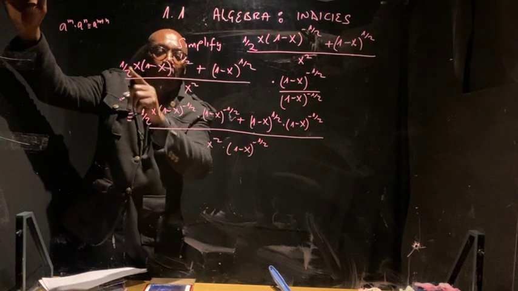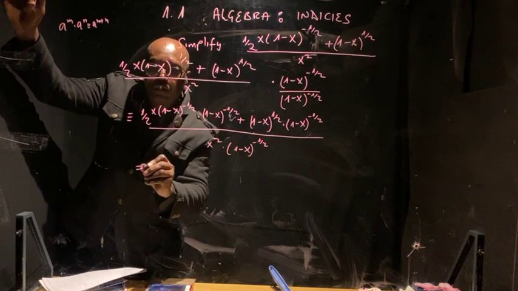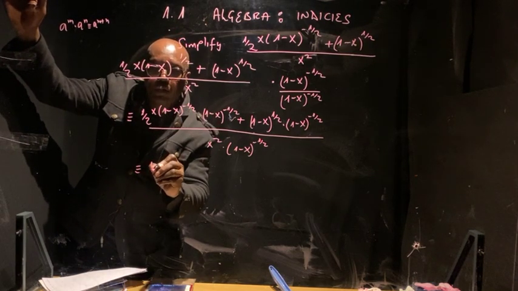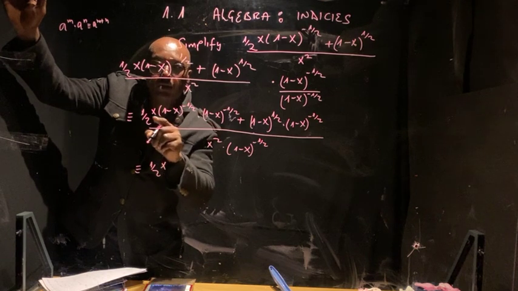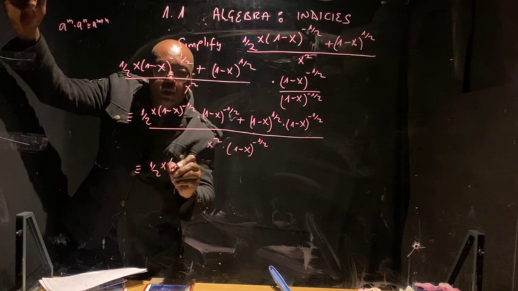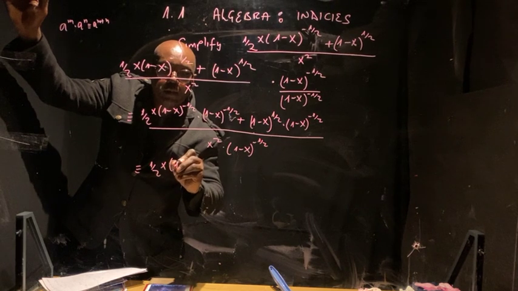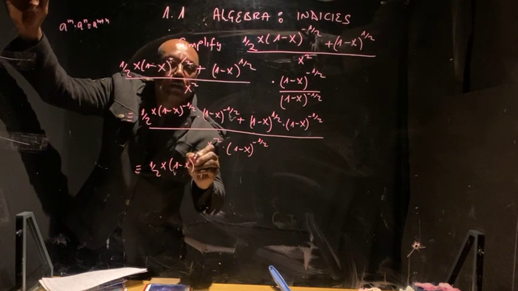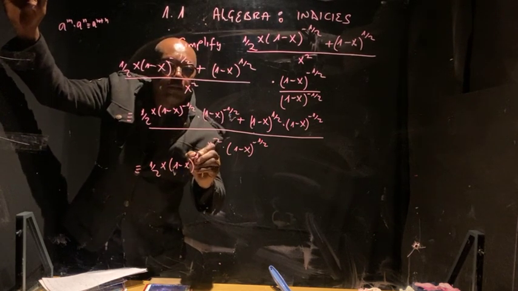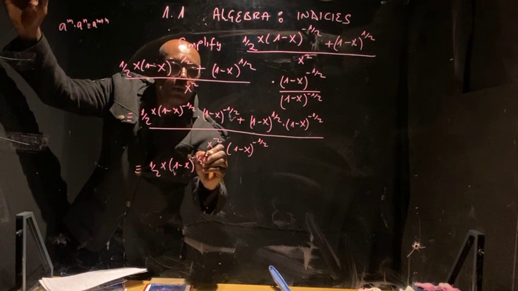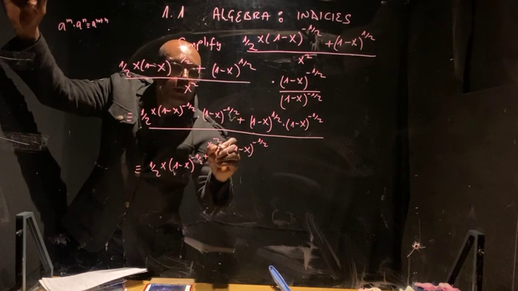So use law 1. If you use law 1, it becomes half x, which is this one, 1 minus x, negative half plus negative half.